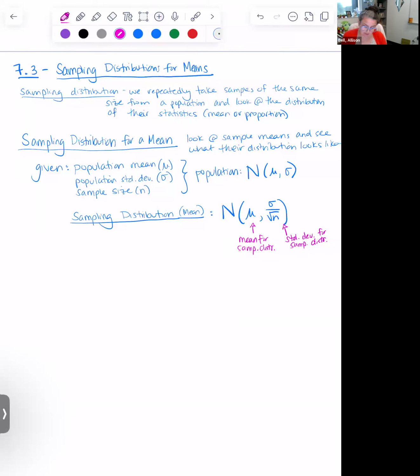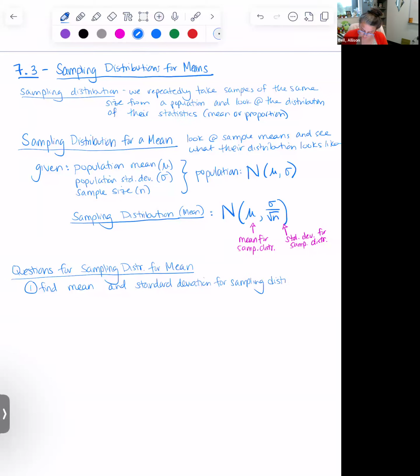So the process for these types of questions looks like this. Questions for sampling distribution for a mean. First thing we do is we find the mean and standard deviation for the sampling distribution.